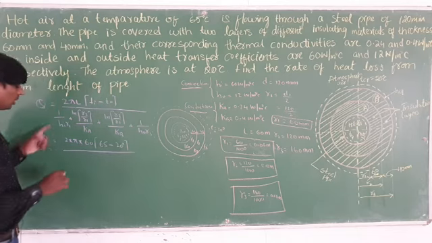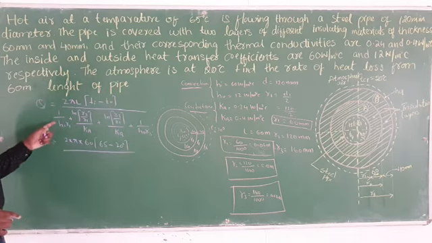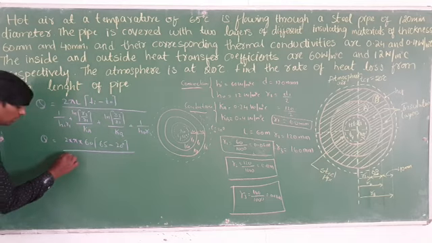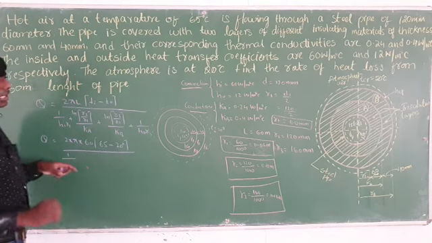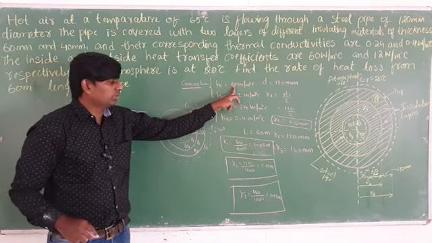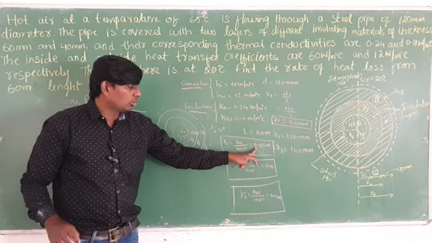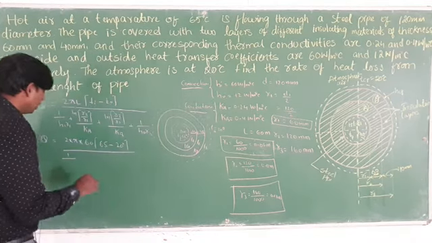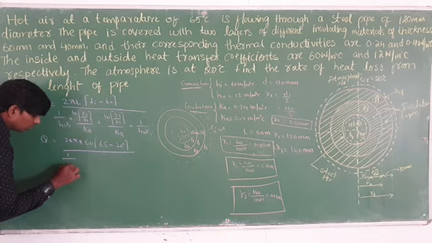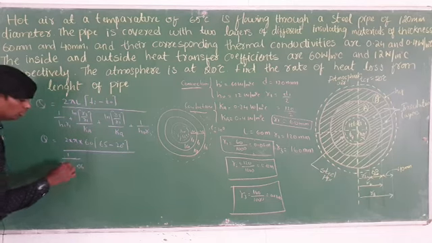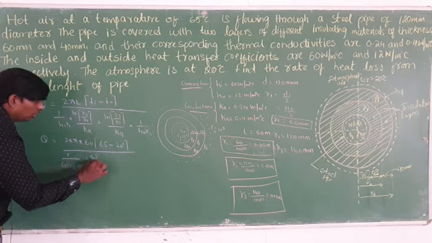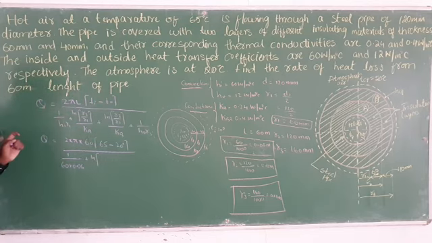Then you have to write 1 by Hi R1. As you can see here, the Hi value is 60 and the R1 value is 0.06, so 60 into 0.06. Then ln of R2 by R1.